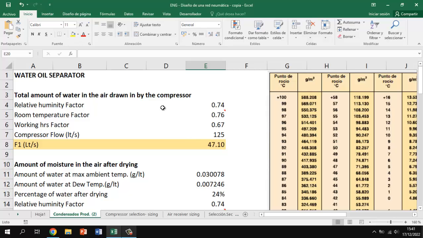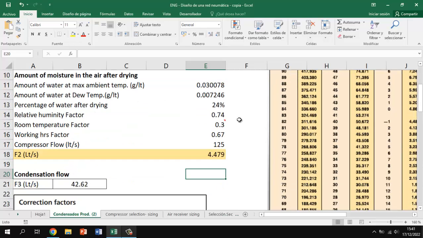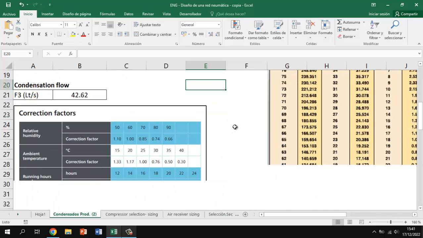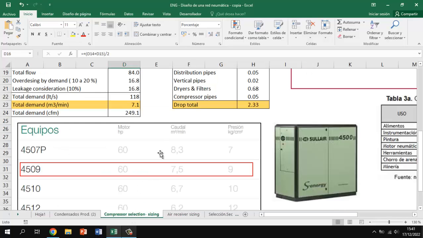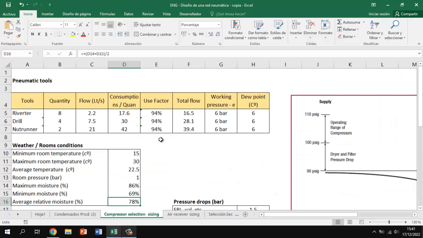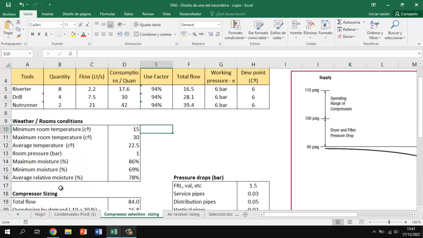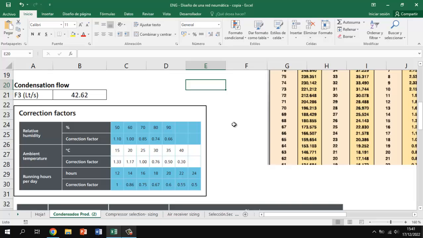For the relative humidity factor, I put 0.74, about 80%, because in the first video of our compressor selection, we said that we have an average relative humidity of 78. So I'm considering 80 just to not do more calculations.